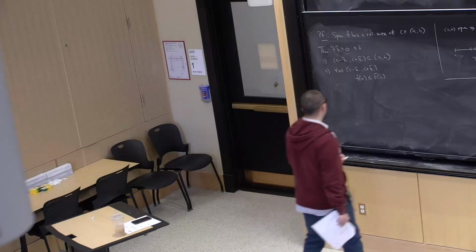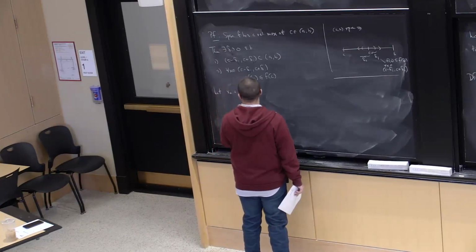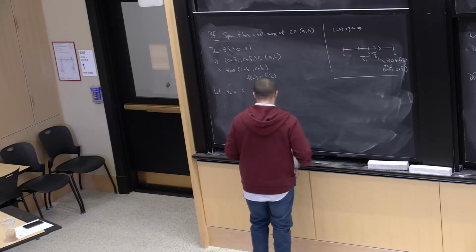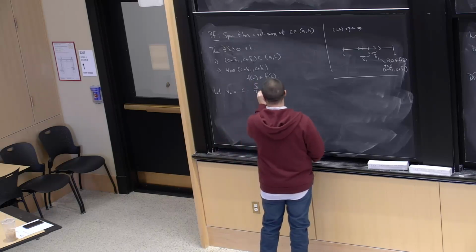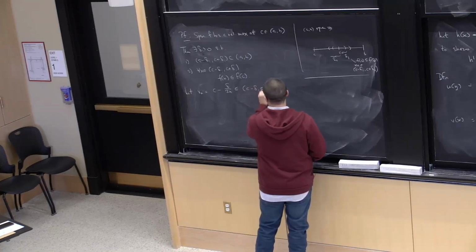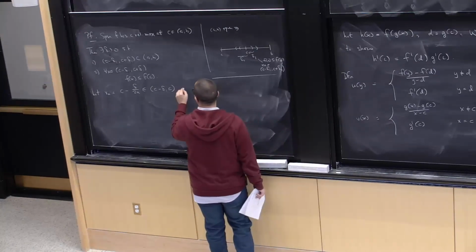All right? So let x_n be c minus delta over 2n, which is in the interval (c minus delta, c) for all n.